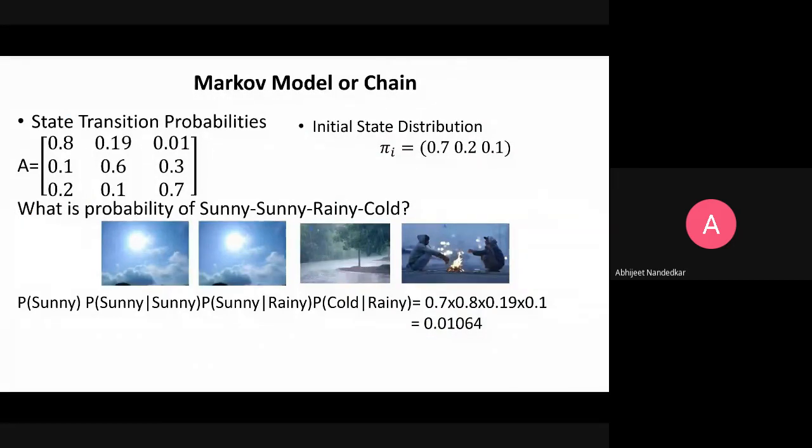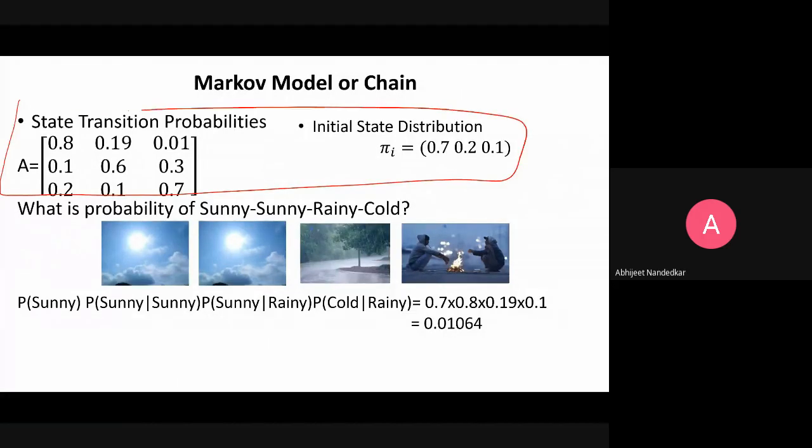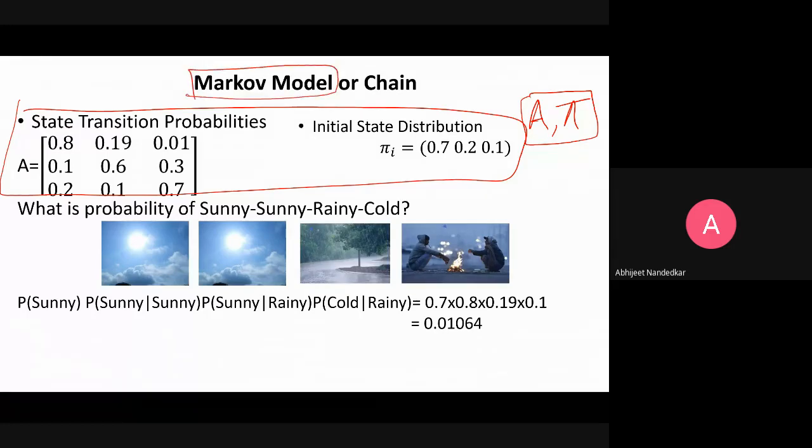Now, if you are given this model, it means you will be supplied with matrix A and the initial state distribution, pi. So these two things are given, then you are provided a Markov model or Markov chain. Now, suppose I have a question: what is the probability of sunny, sunny, rainy, cold?